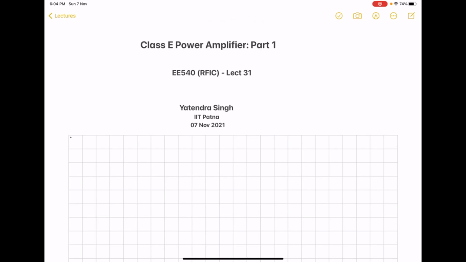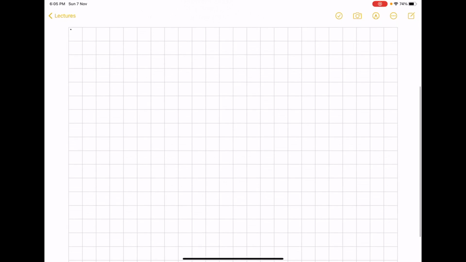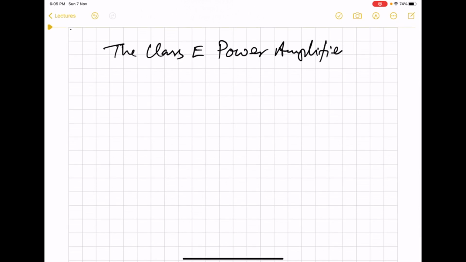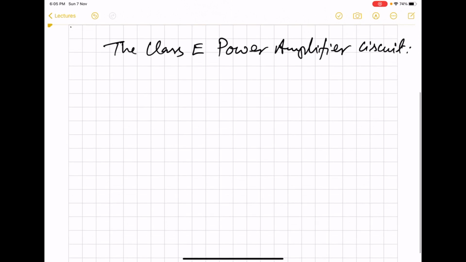So first we will see the circuit of this power amplifier. This power amplifier uses a single MOS, which acts as switch.